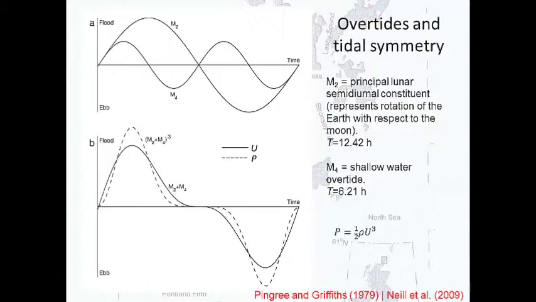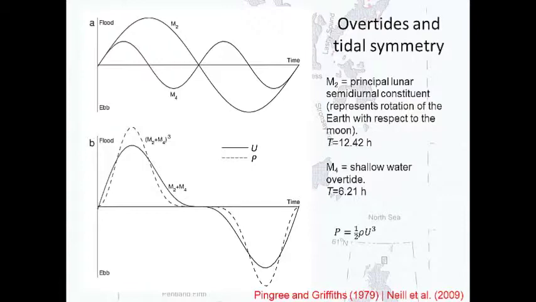And it's quite easy to model the tides in the deep ocean because everything's very linear. But once you get onto the shelf seas and into very shallow water, there's a lot of non-linear effects. And what we're particularly interested in is the generation of overtides. So these are the harmonics that are generated from these principal constituents.